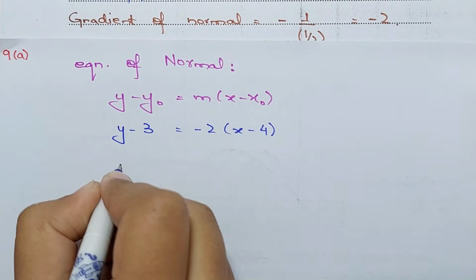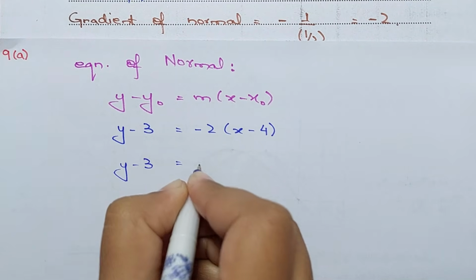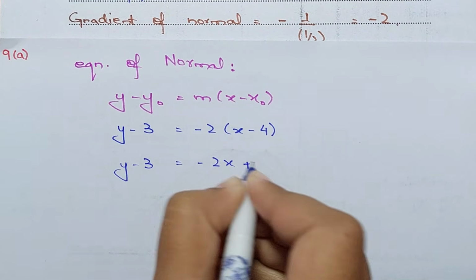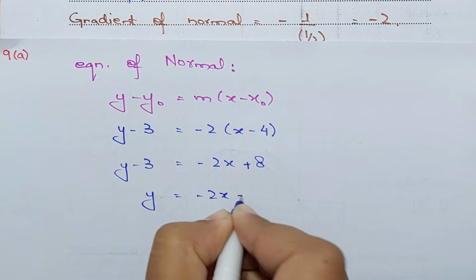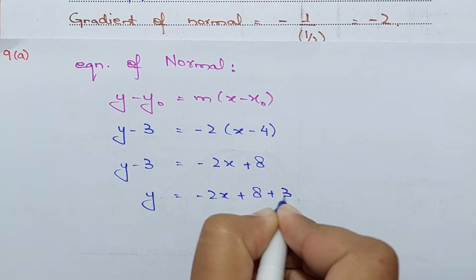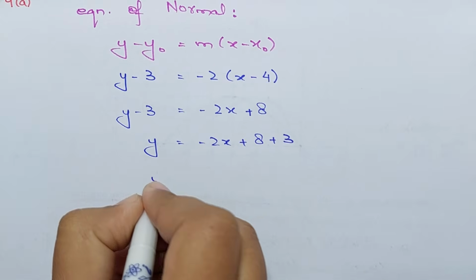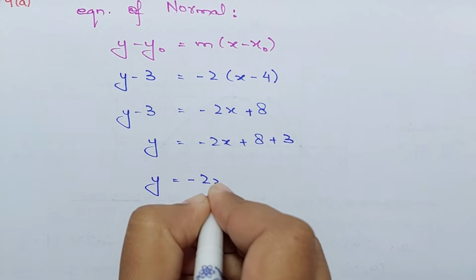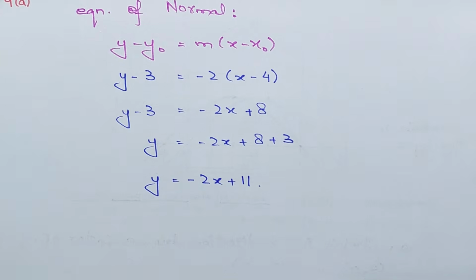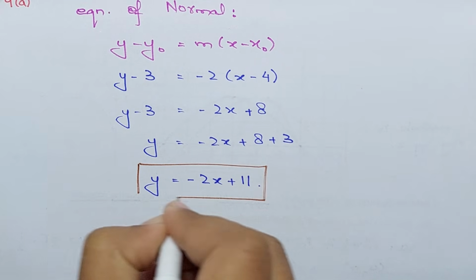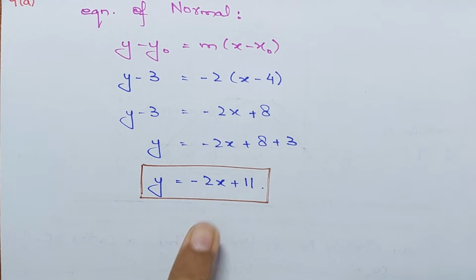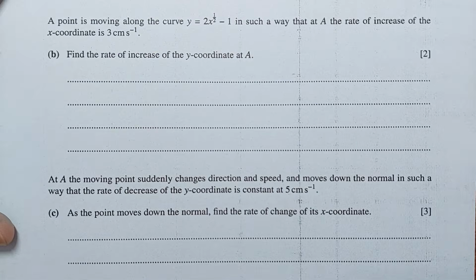So here we have y minus 3 equals minus 2x plus 2 times 4 is 8, and y would be equal to minus 2x plus 8 plus 3. Shift the 3 to the other side. So y equals minus 2x plus 11. This is the equation of the normal to the curve at point A in the form y equals mx plus c.